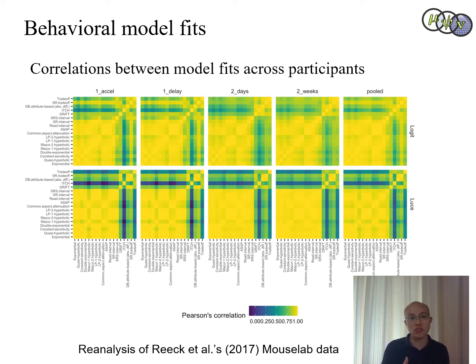This is the correlation matrix of these 18 models in each of the conditions. And as you can see, the discounting models are pretty similar to each other, for example, this corner over here, and the time as attribute models are sort of similar to each other too, although there are some models that do not resemble others.